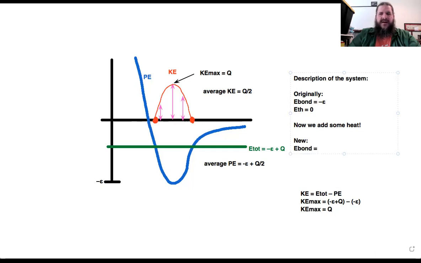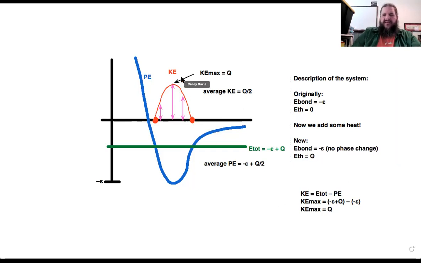Have we changed phase here? No, it started off bonded, it's still bonded. So we can say E-bond has not changed, it's still negative epsilon. Which means all the energy we added went into E thermal. E thermal is the original value plus the heat we added. In other words, E thermal is Q.